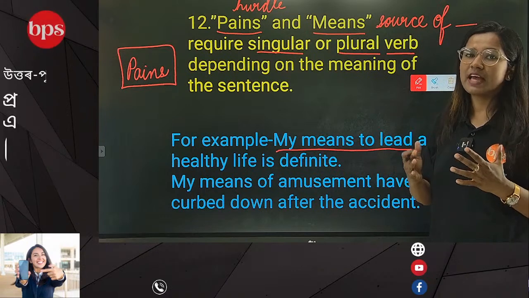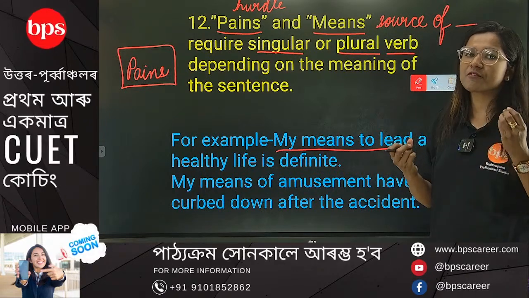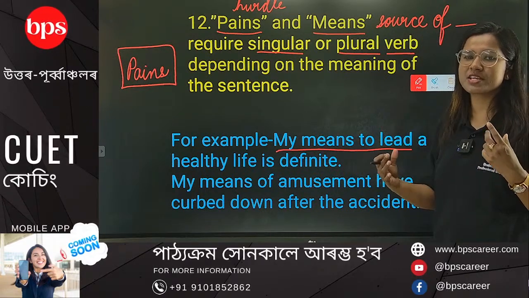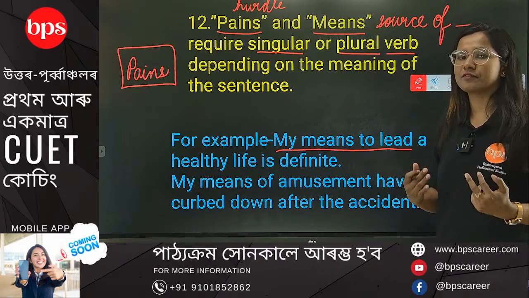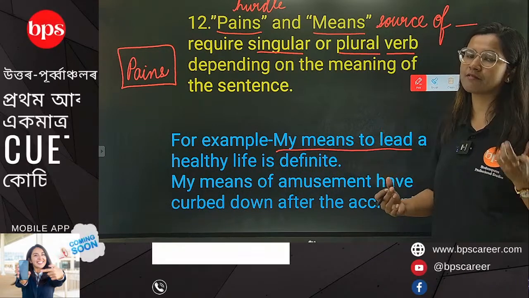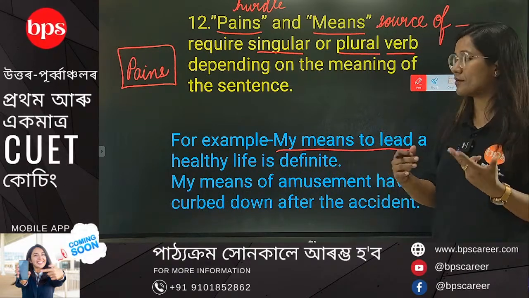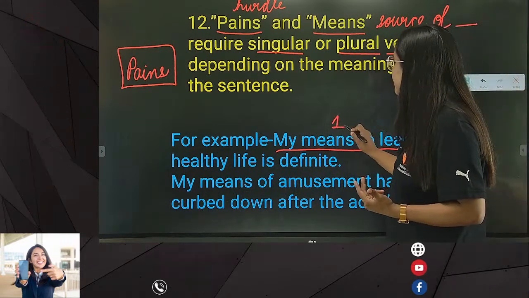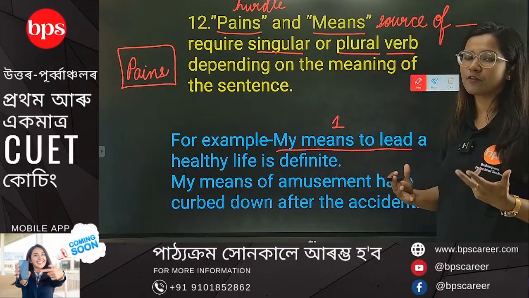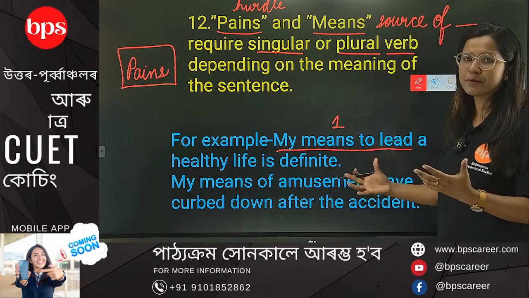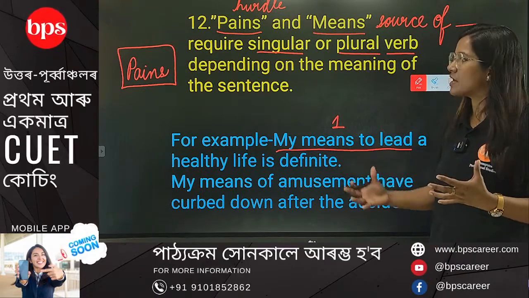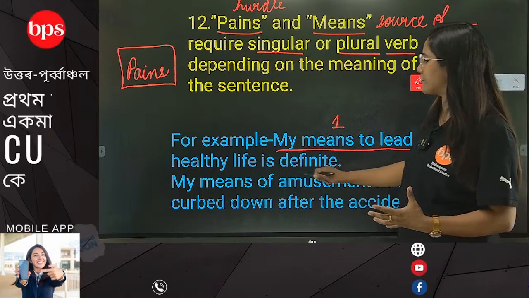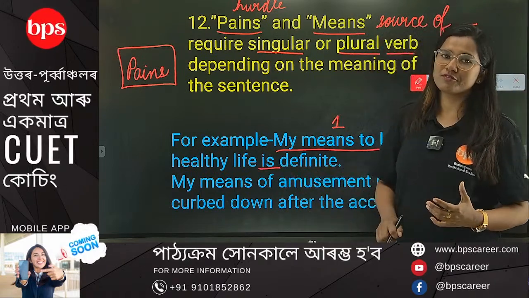That means there is a singular rule for my healthy life. So here we are referring to the singular form of principles or means, or the source of happiness or healthy life is singular here.